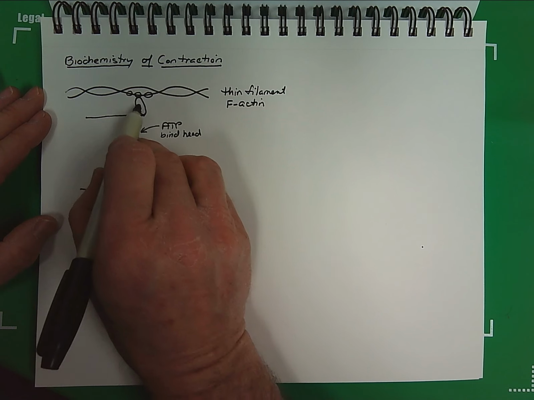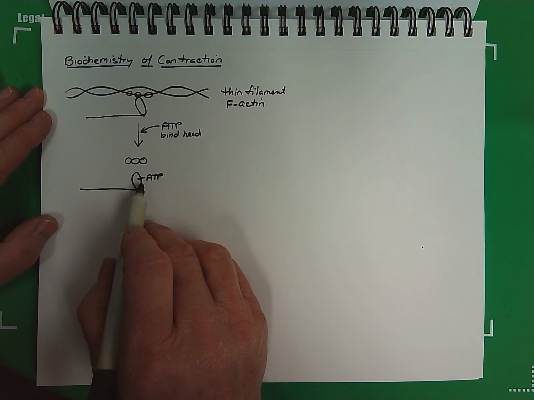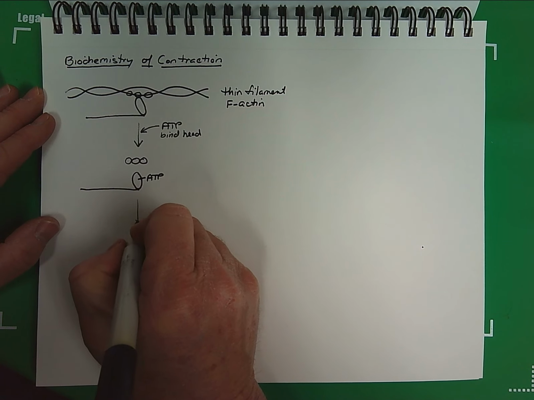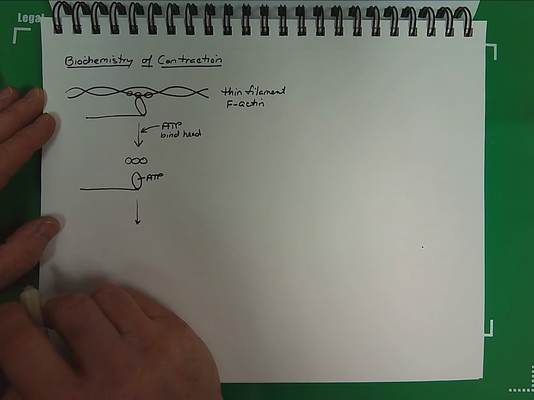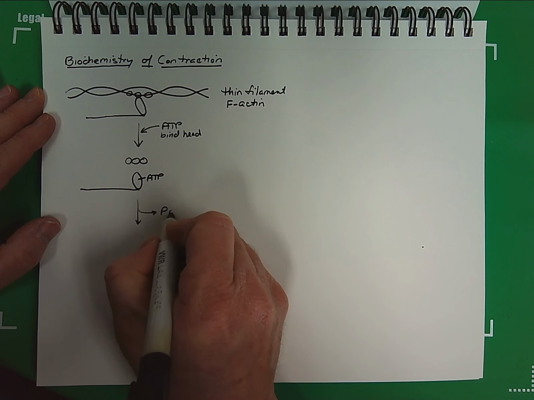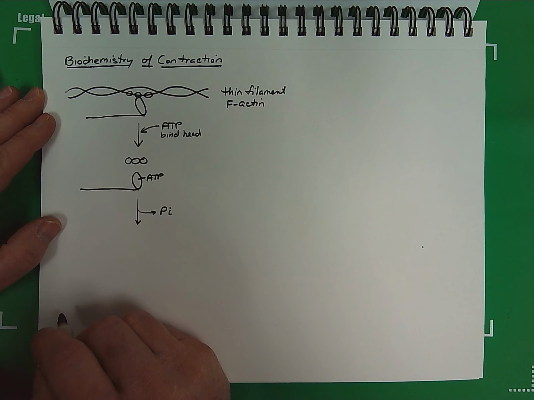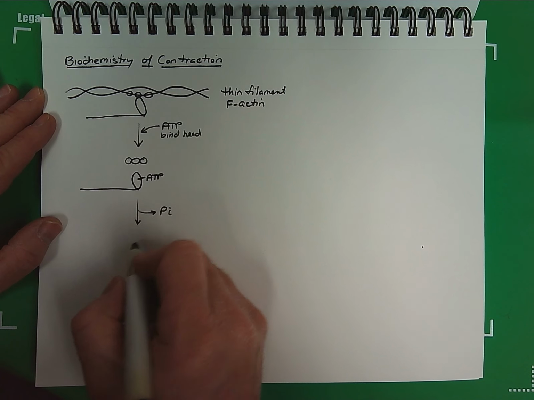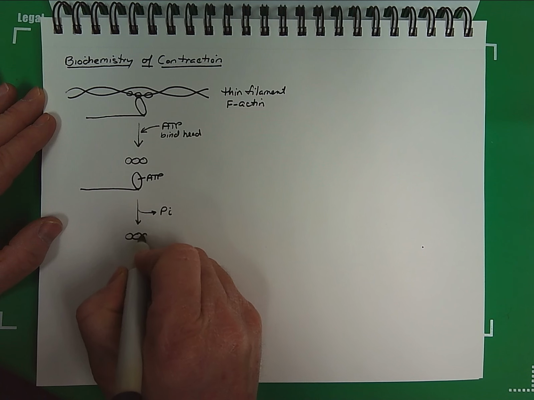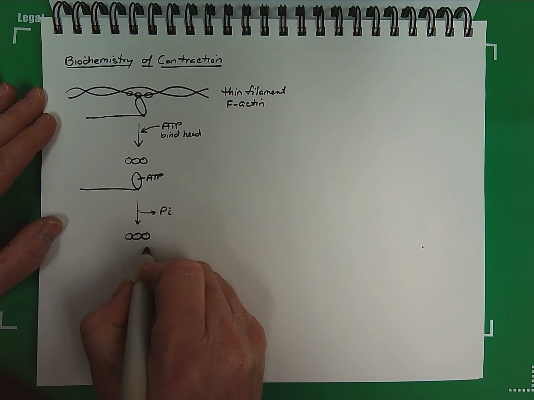So ATP induces the dissociation of actin and myosin. The next step of the reaction is the hydrolysis of ATP. The hydrolysis of ATP will release inorganic phosphate. What this essentially does is it causes a conformational change in the myosin head group.